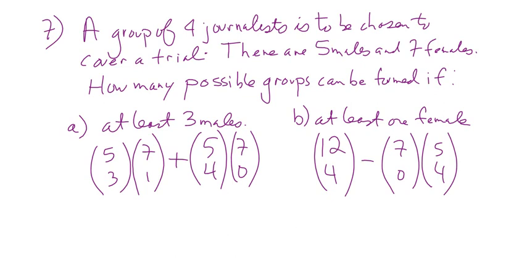That's the easy one, right? Otherwise, you're doing 5 choose 1, 7 choose 3, plus 5 choose 2, 7 choose 2, plus 5 choose 3, 7 choose 1, plus 5 or 7, you get it, right? This is everything minus no female, which means what's left must be at least 1 female. Right? Going back to 14b of whatever that was.